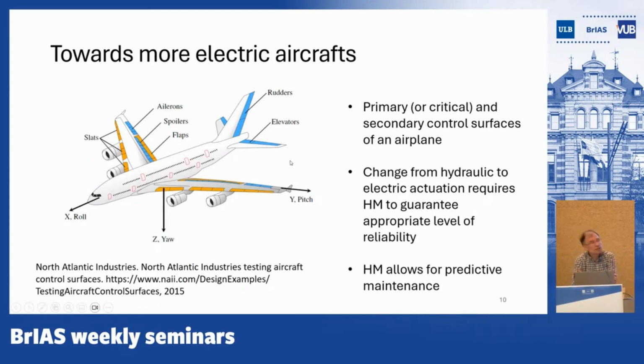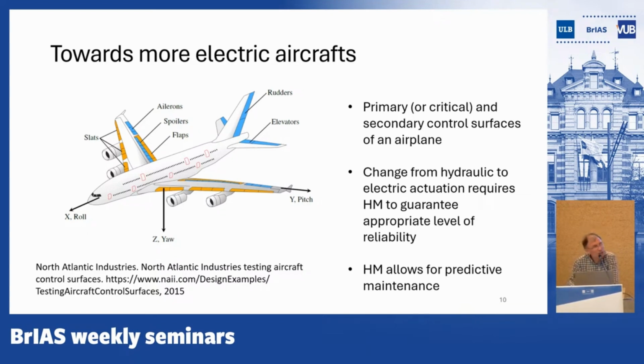Another application is the movement towards more electric aircraft. Presently or formerly, a lot of primary control surfaces of airplanes were equipped and actuated by hydraulic actuators. And the trend is to move from these hydraulic actuators to electromechanical actuators.